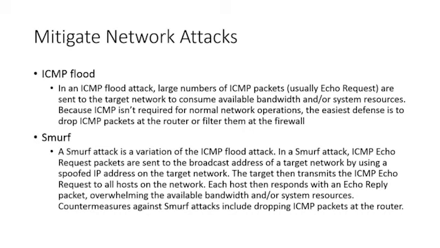Now, countermeasures against this one, usually dropping ICMP packets at the router, because you really shouldn't have ICMP packets coming in from outside of your network. There's not really a legitimate reason for that. I've talked to network admins and system admins, and they're like, well, I need it because I need to test my systems. I need to be able to ping my systems and see if they're up, see if everything is okay.